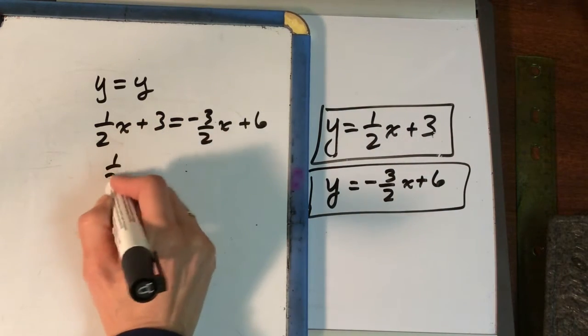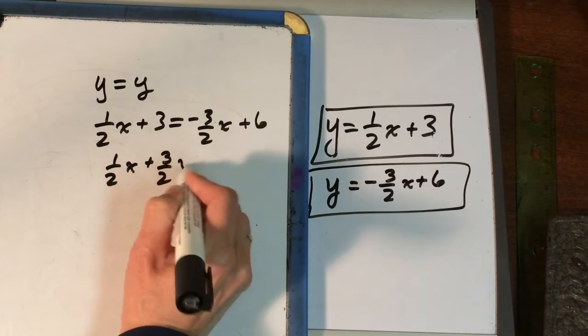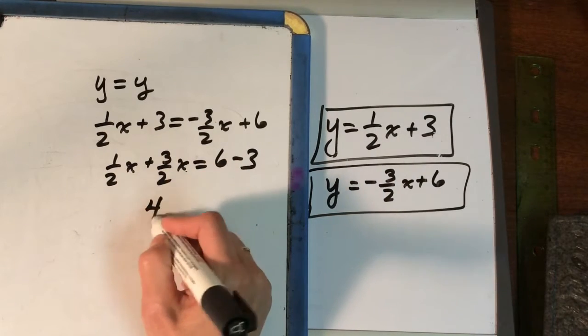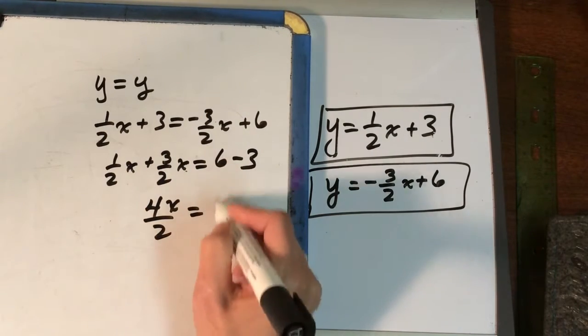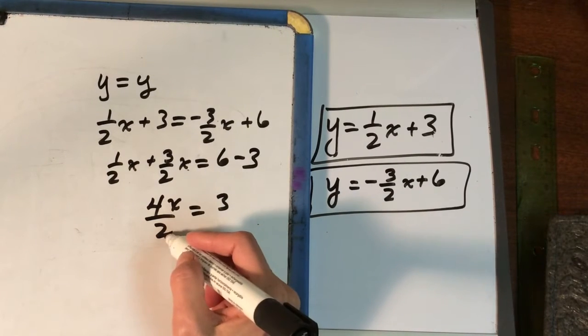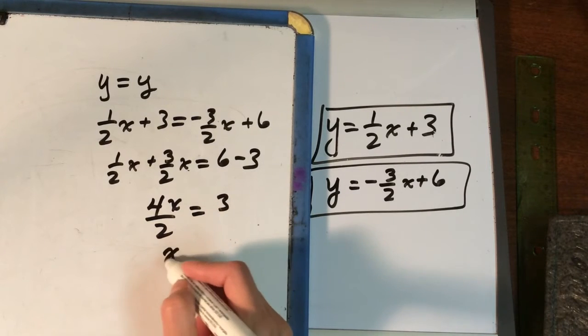Bring that over. 1/2 x plus 3 over 2 x is equal to 6 minus 3. And this gives you 4x over 2 is equal to 3. And what you do here is, when you divide, you multiply by the reciprocal.